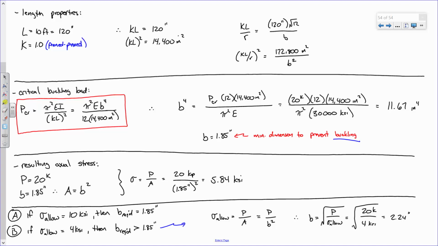So I propose that if the column is 1.5 inches, it can only hold up 8.67 kips.